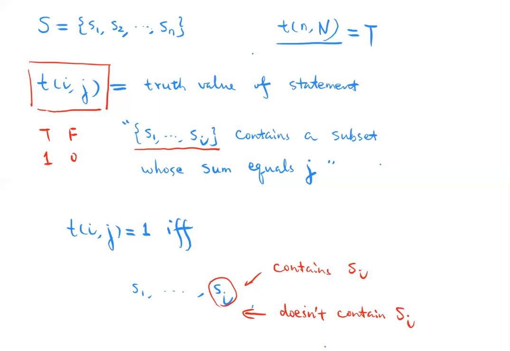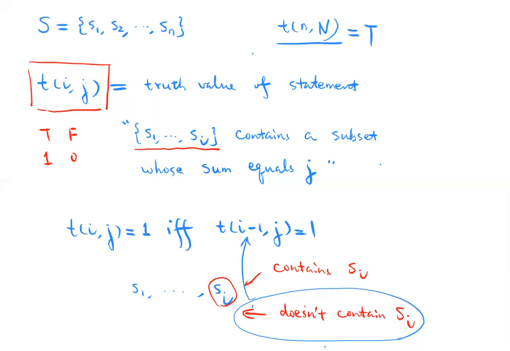Either contain it or do not contain it, right? So if it does not contain this one, what happens? Then the solution comes from the first i minus one integers. All right. So if it does not contain it, then we have T(i-1, j).